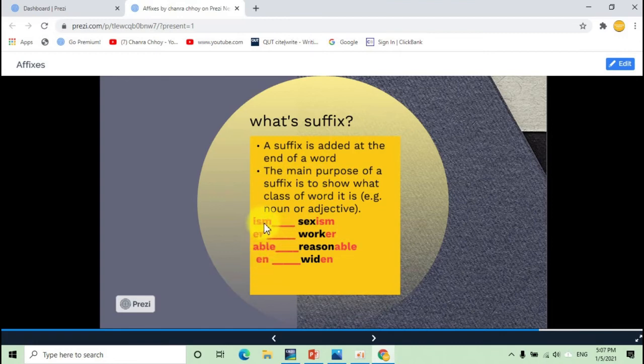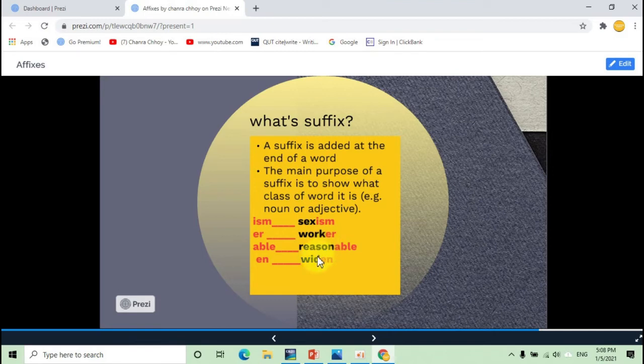So we add to the end of a word, like sexism. It means someone likes or loves sex. And worker means someone who works in any place or any entity or organization. And reasonable means suitable.